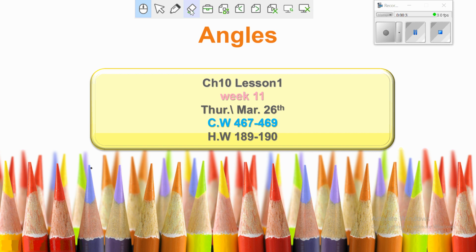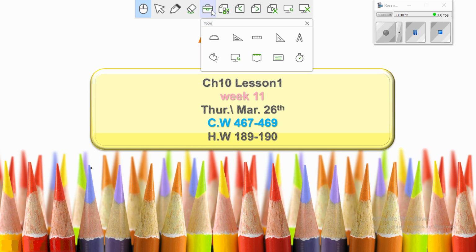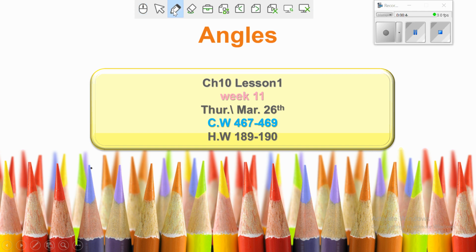For example, if I have this shape, this is a square.